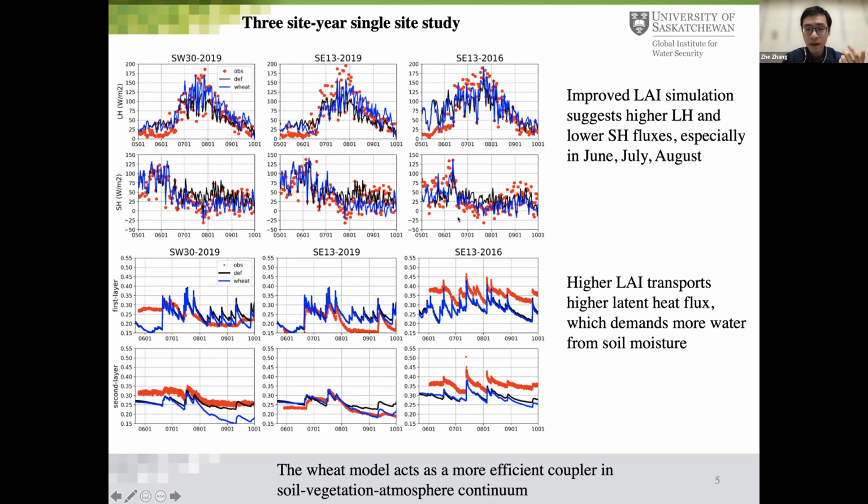On the other hand, when you look at the soil moisture, the higher LAI will transport higher latent heat fluxes, which in turn demands more water from soil moisture. So in one word, the wheat model acts as a more efficient coupler in the soil-vegetation-atmosphere continuum, which is the dynamic aspect that we expected from this study.